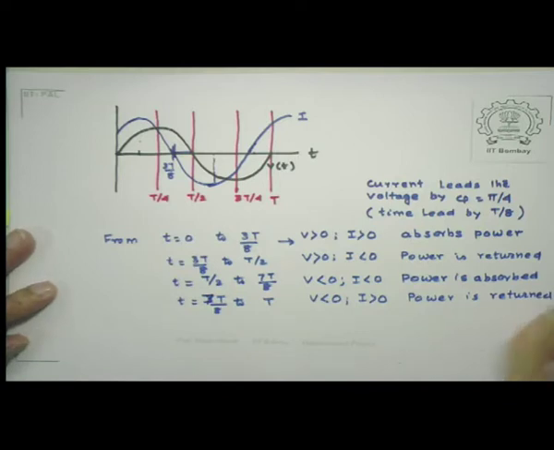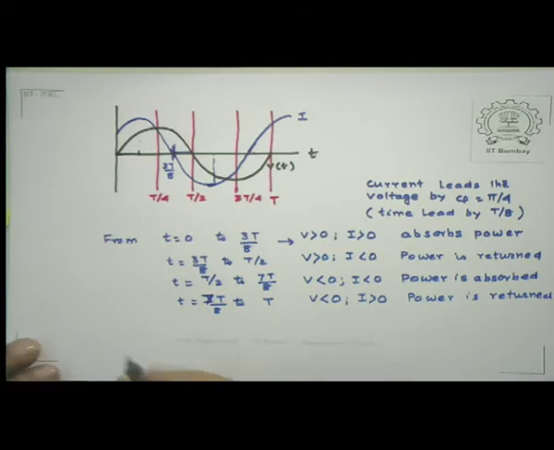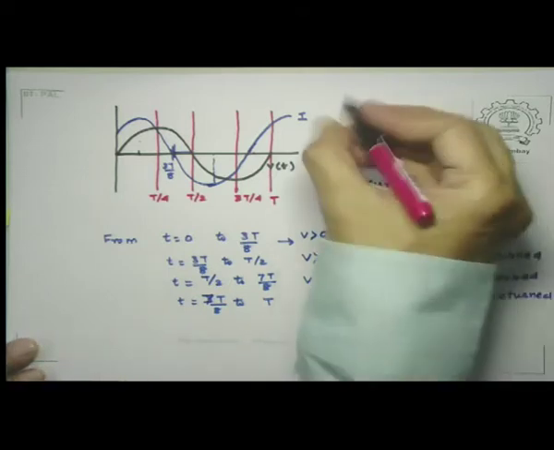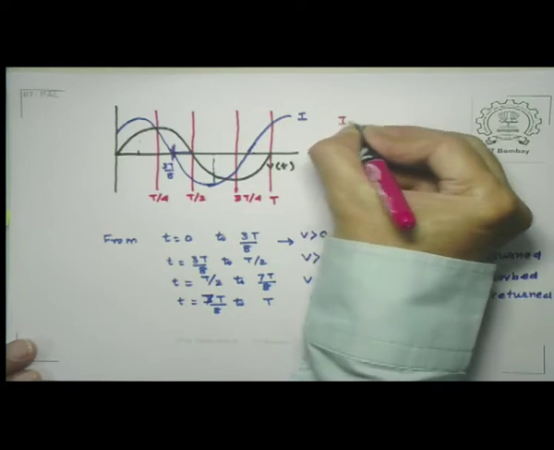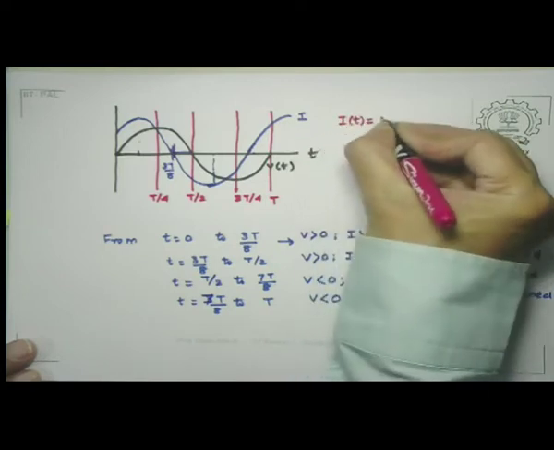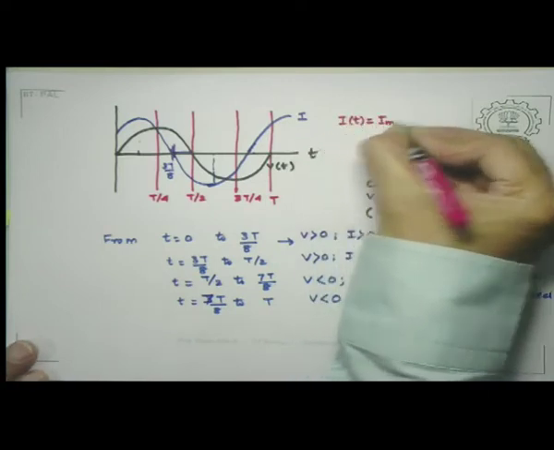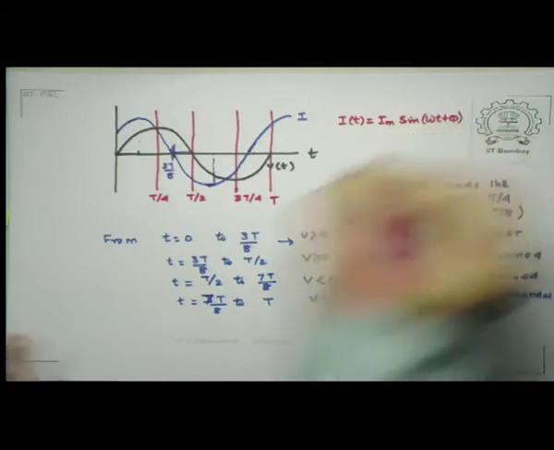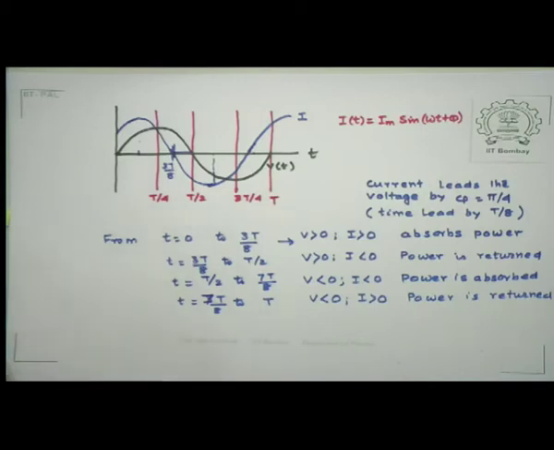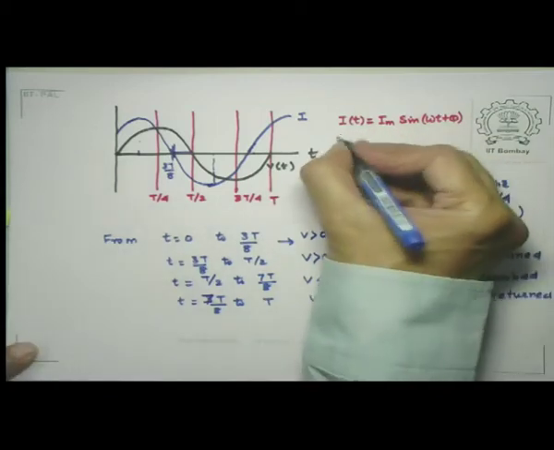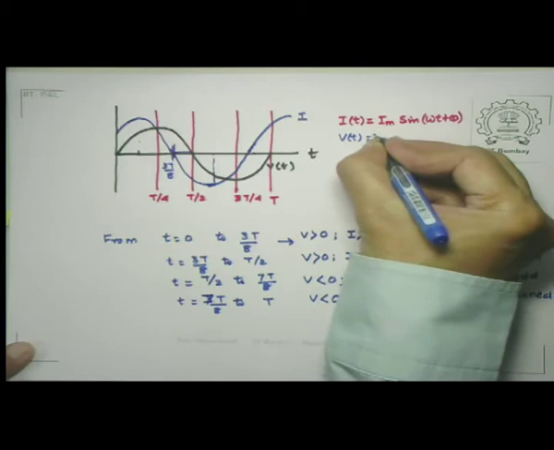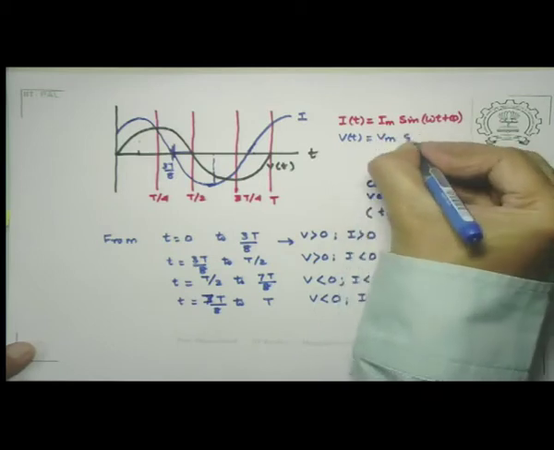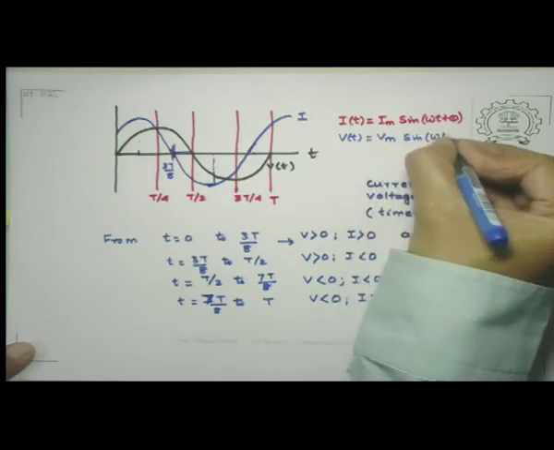Now look at what it actually implies. My current expression was Im sin(omega t plus phi), whereas my expression for the voltage was Vm sin(omega t).